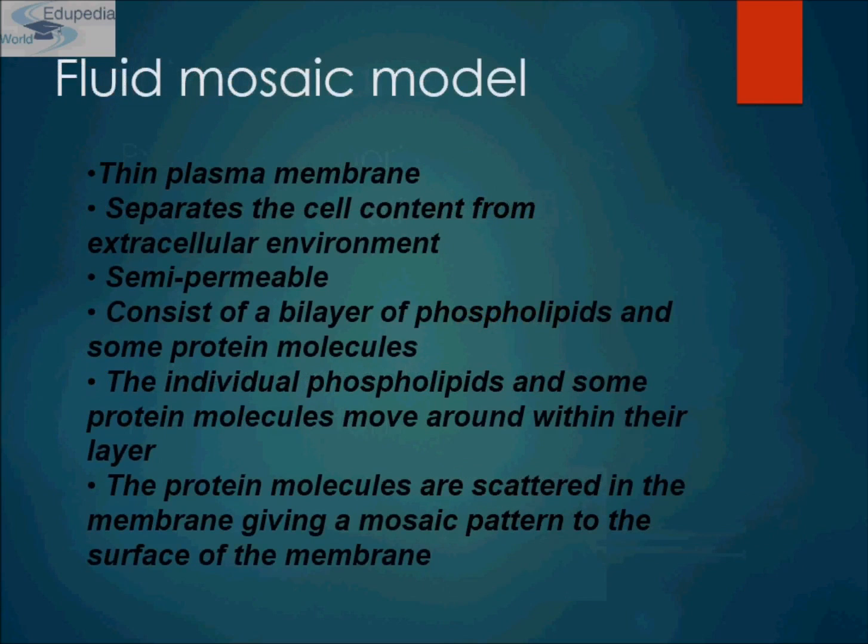Now we will discuss the fluid mosaic model of plasma membrane. It was proposed by Singer and Nicholson, which displayed the cell membrane as an integration of protein and other molecules in the phospholipid bilayer. The fluid mosaic model states that a membrane is a fluid structure with a mosaic of various proteins embedded in it.